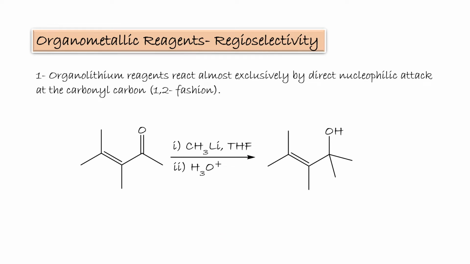Organometallic reagents and regioselectivity. Organolithium reagents react almost exclusively by a direct nucleophilic attack at the carbonyl carbon. It's a 1,2 fashion. So methyllithium will add, the nucleophile will bond to that carbon, and the hydrogen will be on that oxygen, a 1,2 addition.